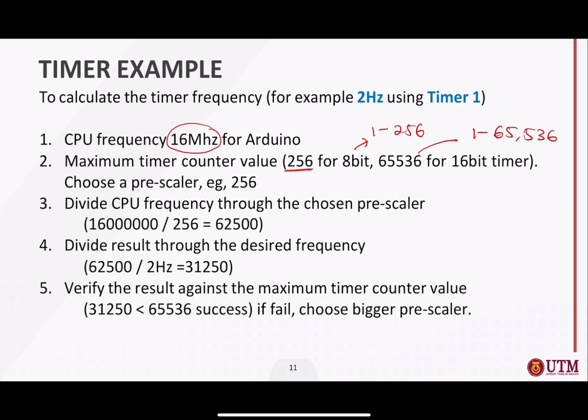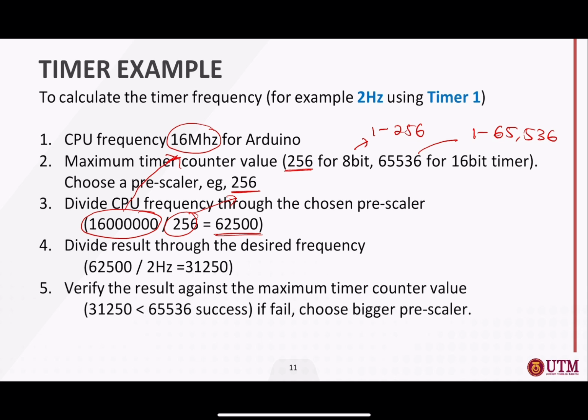So, for example, they choose a prescaler of 256, and then they divide the CPU frequency by the chosen prescaler. This is the CPU frequency, 16 MHz, and this is the prescaler, and they will get 62,500.